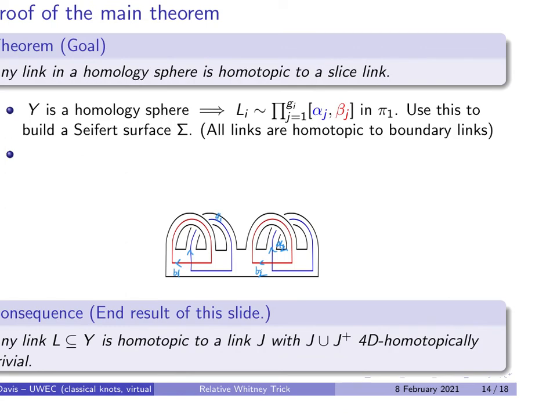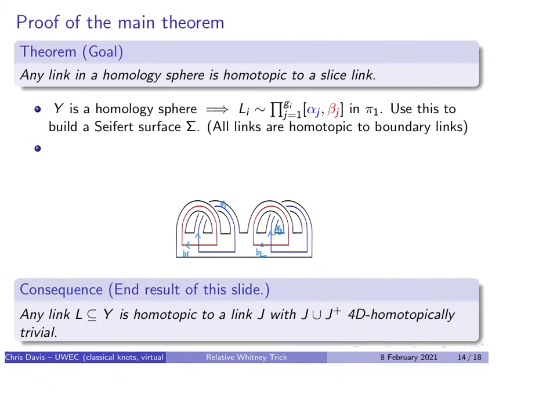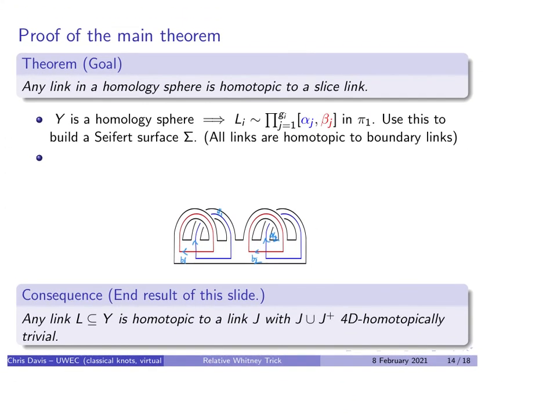In particular, all links are homotopic to boundary links. You'll recall that when I said how we were going to use the Cha-Kim-Powell theorem, that was one of the things we needed. We at least have any link being homotopic to a boundary link. Well, but check out these alphas and betas. Oops, I called them A and B down there.